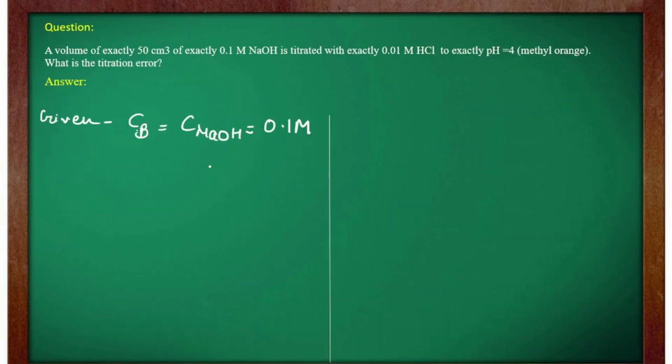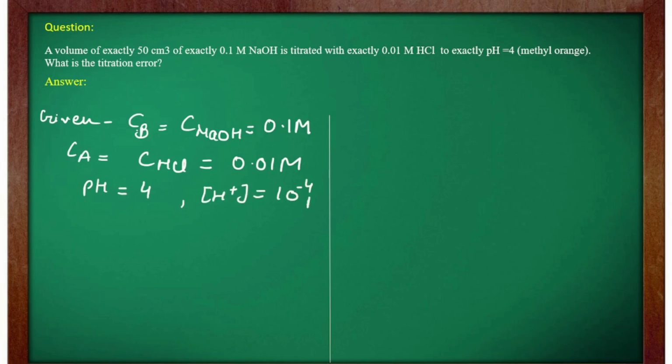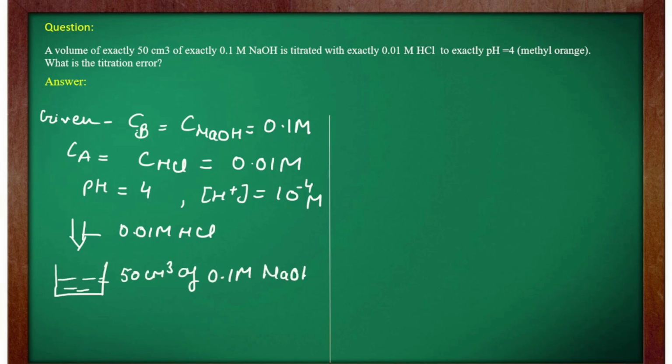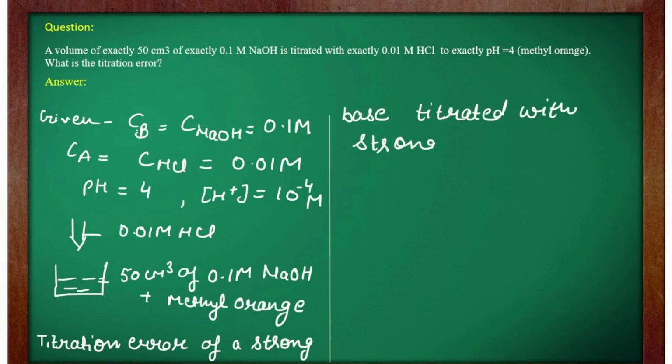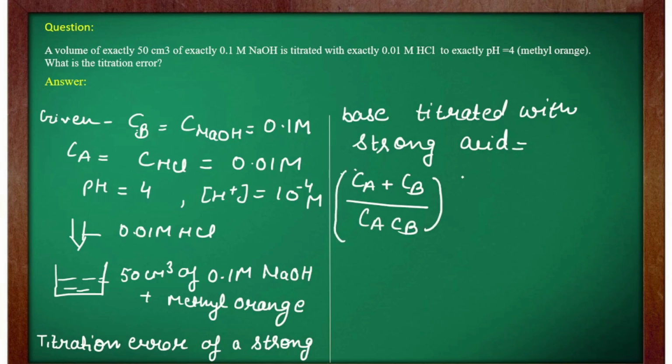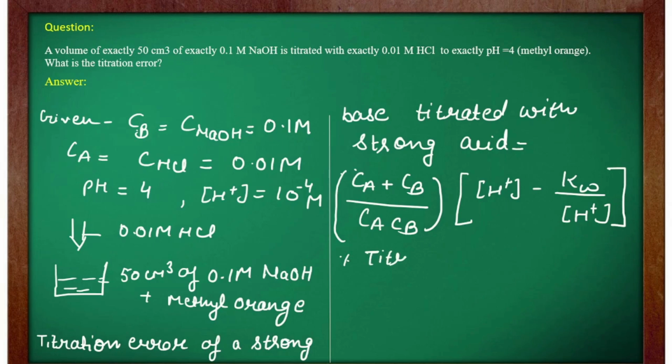In the above question, given concentration of hydrogen chloride is equal to 0.01 molar, volume of sodium hydroxide is 50 cm³ and sodium hydroxide concentration is 0.1 molar. Titration error of a strong base titrated with a strong acid is equal to the sum of concentration of acid and base divided by concentration of acid and base, and the whole value is multiplied by minus Kw divided by hydrogen ion concentration plus hydrogen ion concentration.